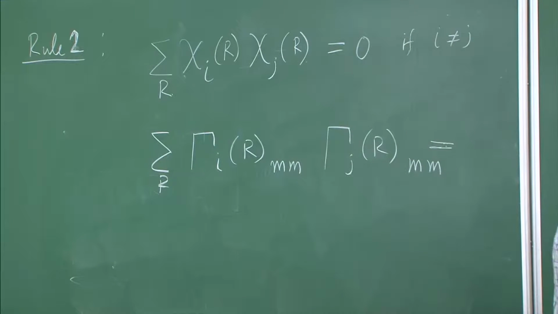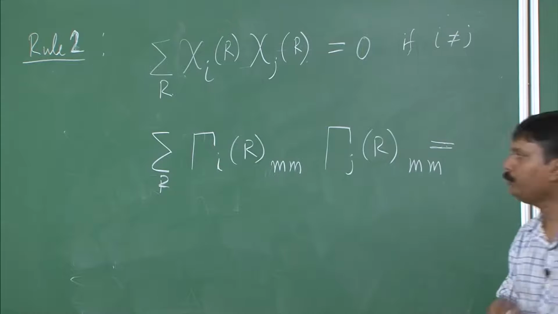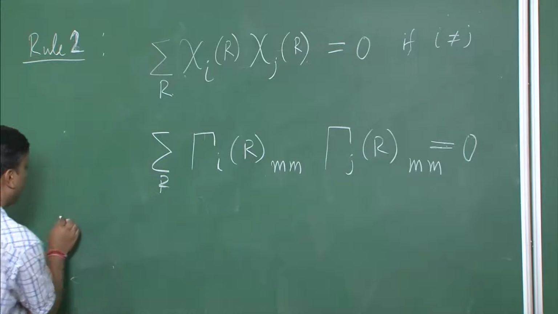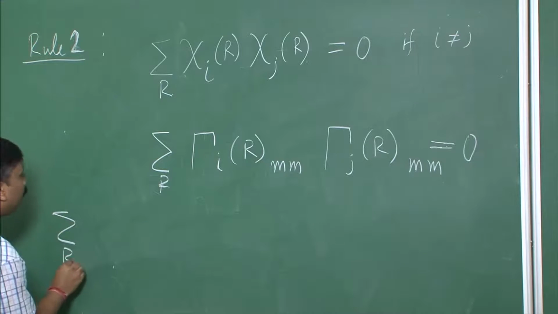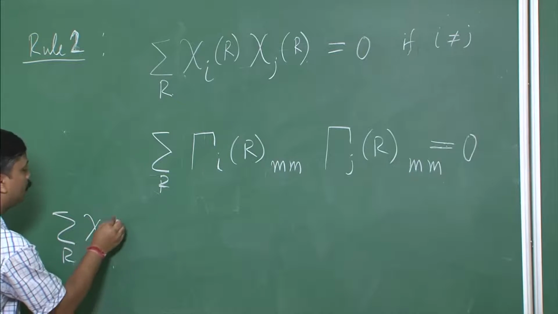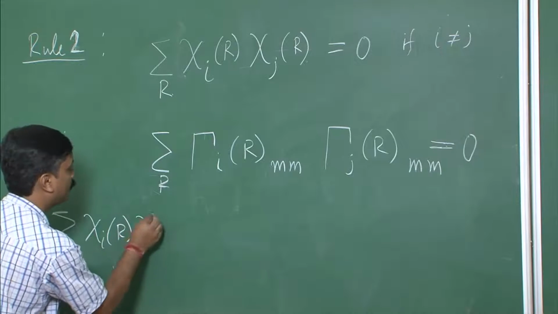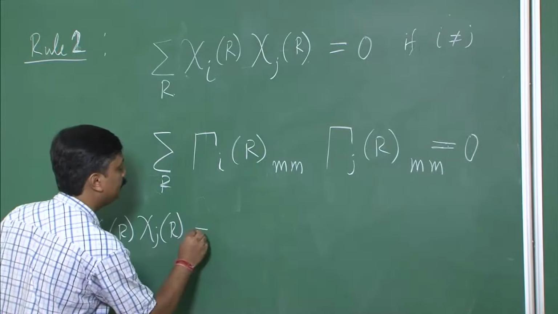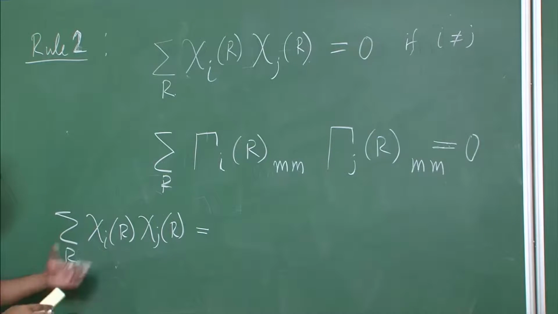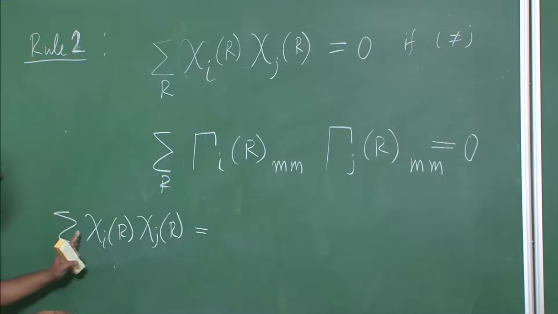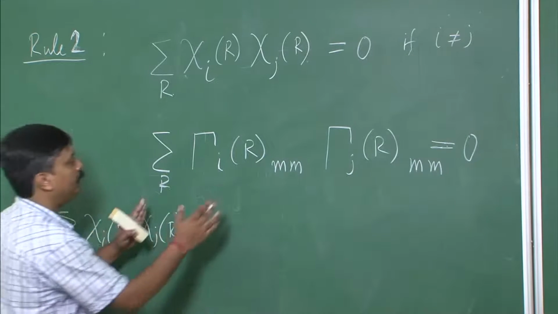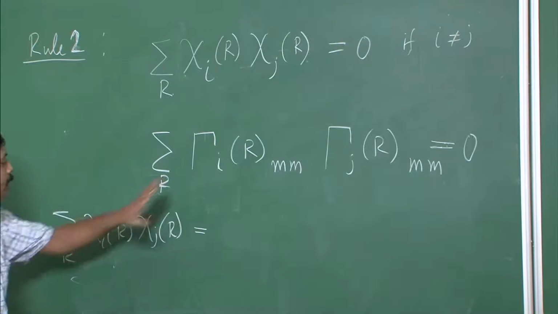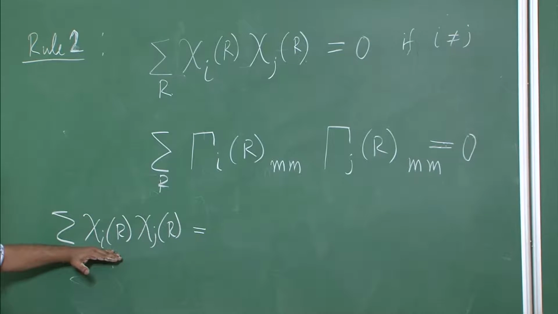It should give me 0, right. If I rewrite this, if you think carefully, if I sum it over m, then I get chi I of R, correct.